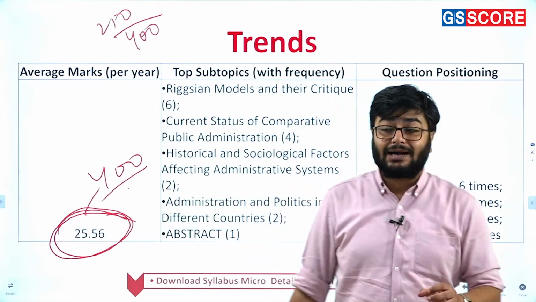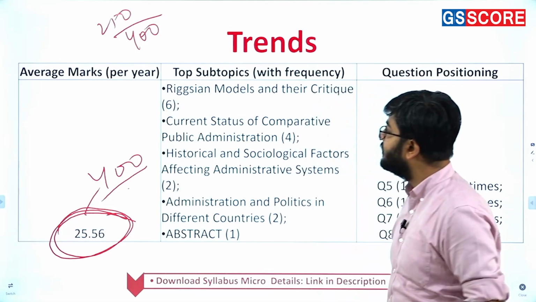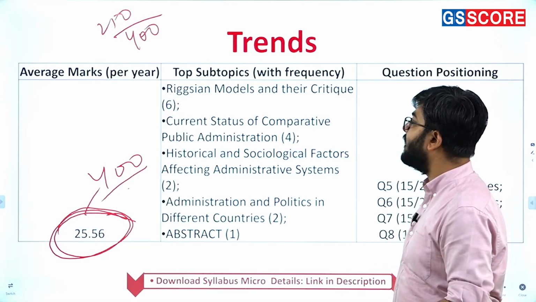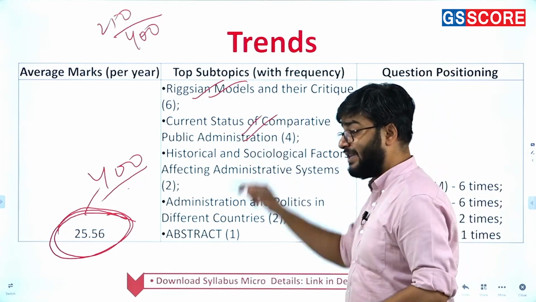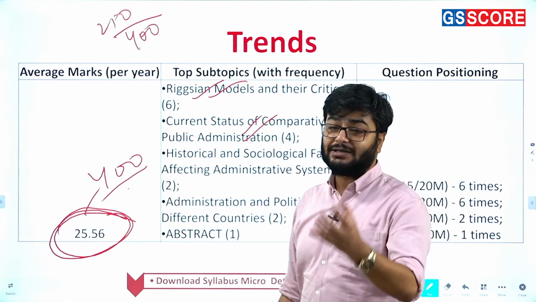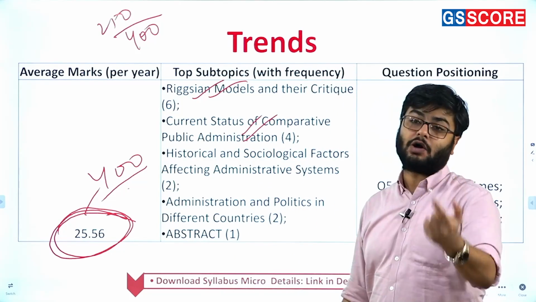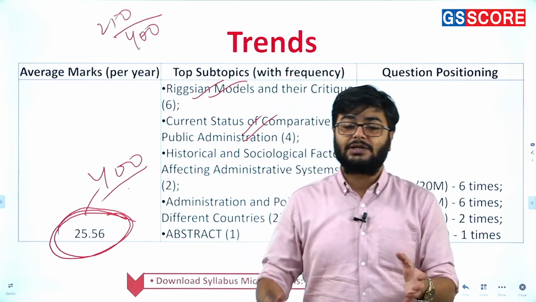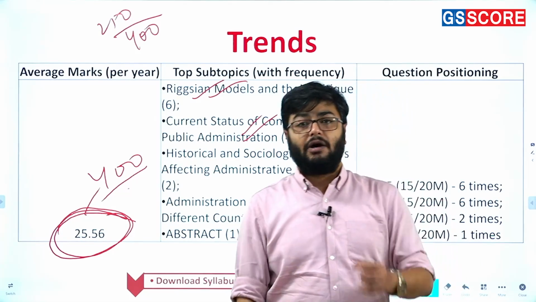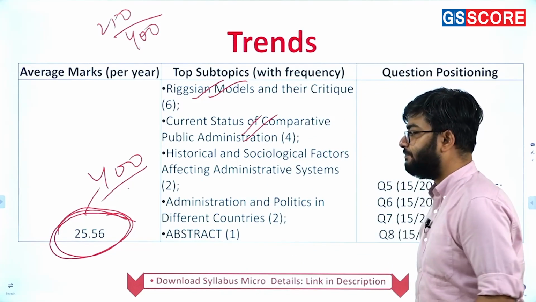Now let us look at the frequency with which certain topics are asked. So the most favorite topic has been the Riggsian models and the current status of CPA. But certainly you cannot understand them without understanding the rest of the CPA. So studying them is inevitable, but where you should keep your razor sharp focus is these.